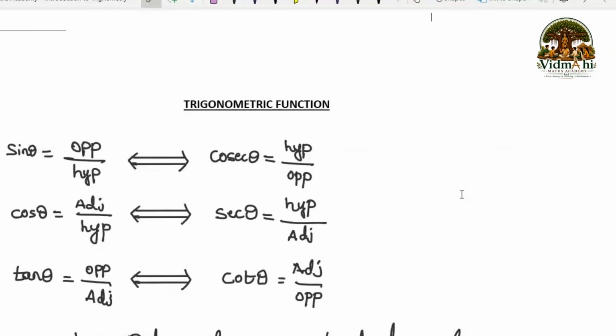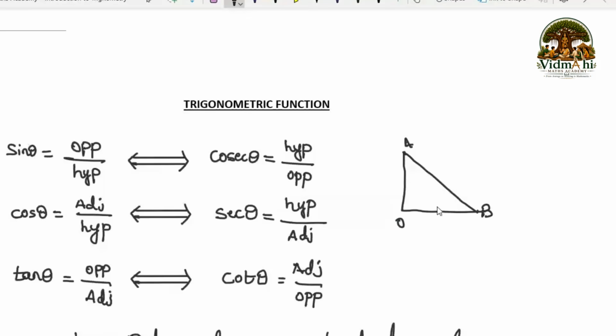Now, let's quickly recall what we studied in class 10th. In class 10th, we define sine, cos, tan, cosec, sec, cot using a right angle triangle. Correct?